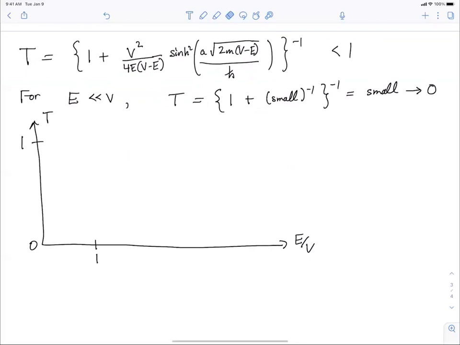It stays less than 1, but then when we increase it, eventually it will actually get up to 1. That's the case where we just happen to have half a wavelength fit within the barrier. And there are several energies where it can do that. Let me draw a dashed line for 1 here.